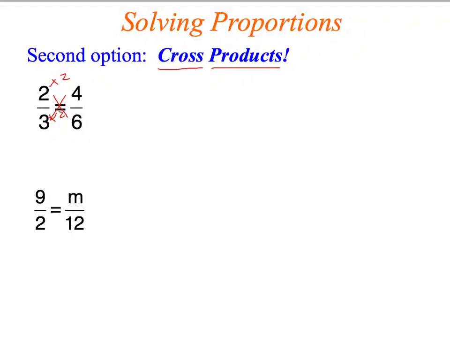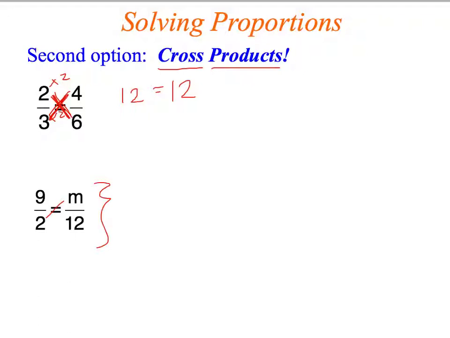So if we do cross products, we multiply 2 by 6. So 2 times 6 gives you 12, and 3 times 4, which is the other cross product, equals 12. So we know that if you multiply the cross products, they should be equal. That means that if we have a proportion with a variable, we can try that same method to solve for the variable.